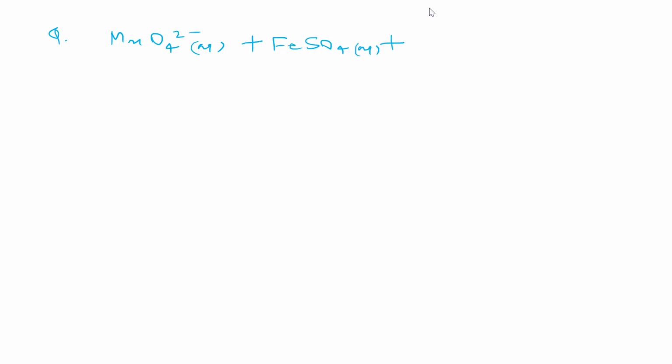Sometimes you may get a reaction in which some more ions are present which are not taking part in electron transfer, but are present in the reaction. So what happens in that case? You have to mention here Mn2+.